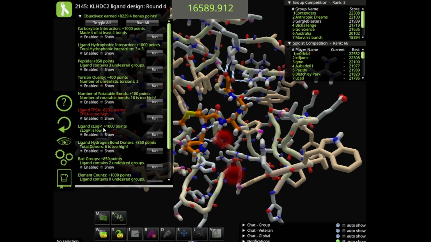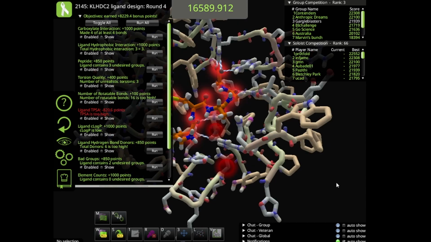Next is ligand TPSA. TPSA indicates how many polar atoms your ligand has. So if you remove them, the score will increase.